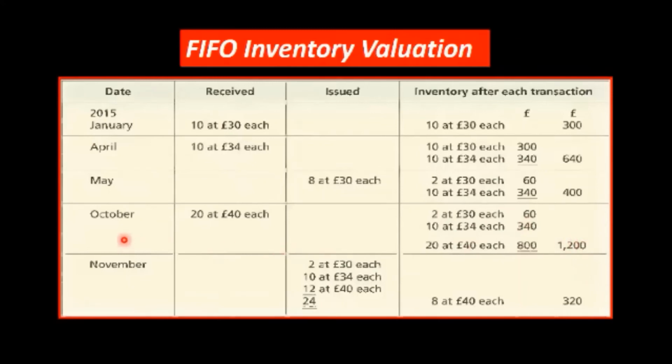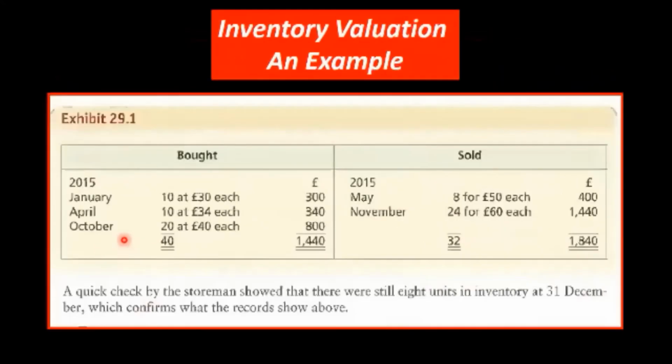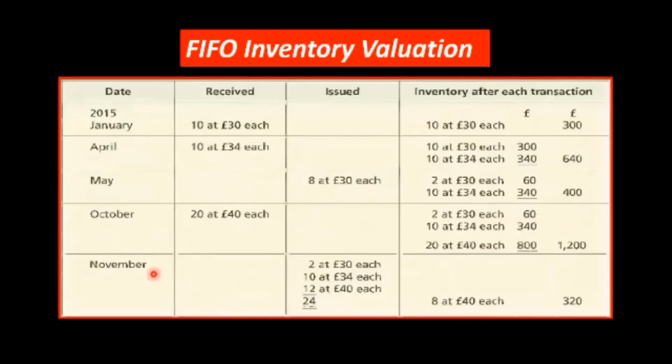Okay, so our next transaction is going to be the last transaction in November, and we sold 24 for $60 each. And we bring it here and we're taking out the 24 here. Okay, but how it's going to come out? We sell the first in 2, then we sell the next 10, and that gives us 10 and 2, 12. So we have to get 12 more to make 24 from this 20 here.